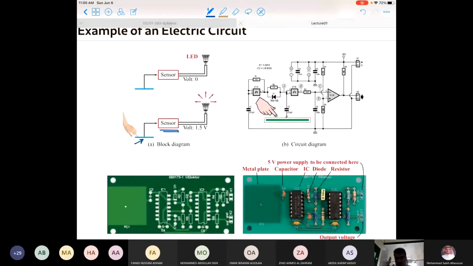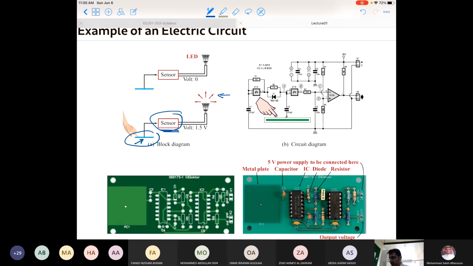If you want to get the big picture, you would say that I have an LED, a light bulb, I have a touching pad here, and I have a sensor here. So that's the entire system.